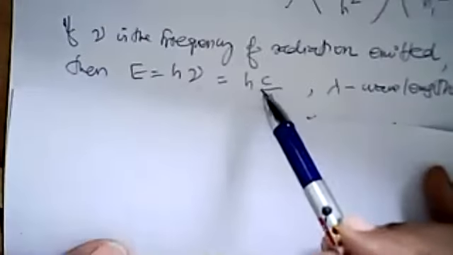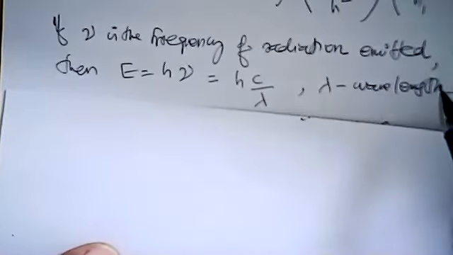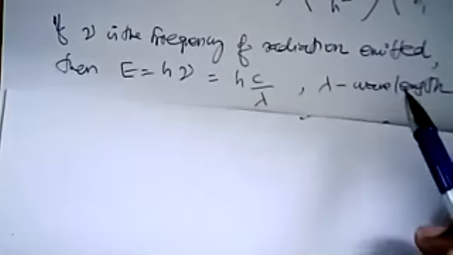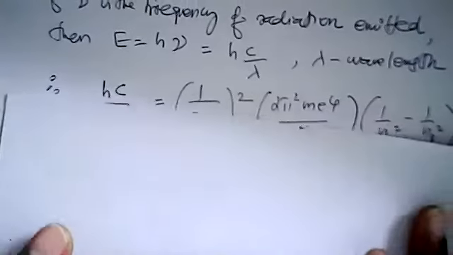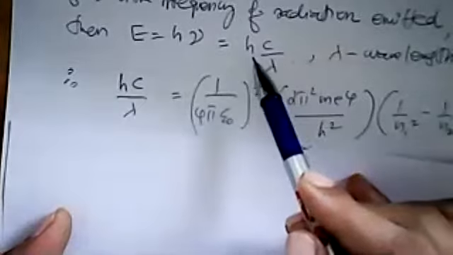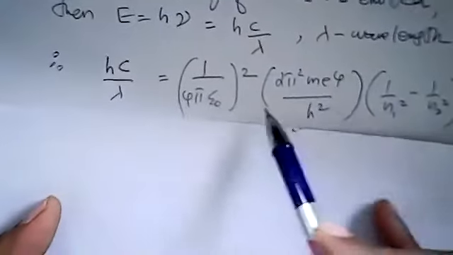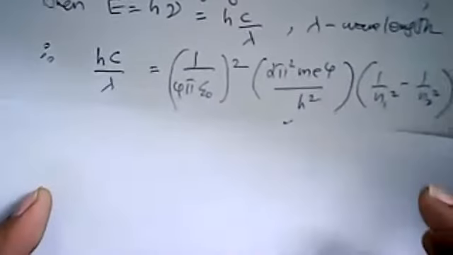So E equals h into C by lambda, where lambda is the wavelength of the electromagnetic radiation. Is that clear? Now substitute for E: E equals hc by lambda equals the same expression on the right side, which I have not changed.